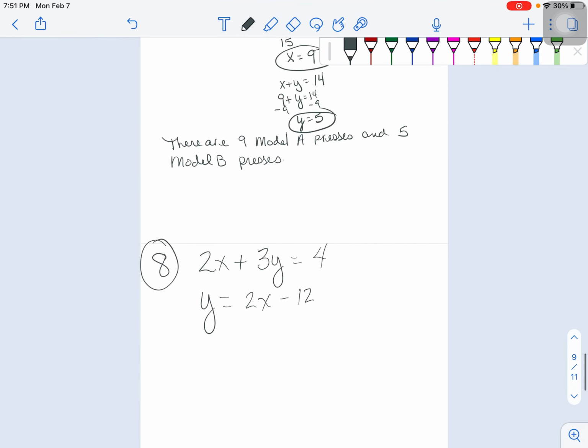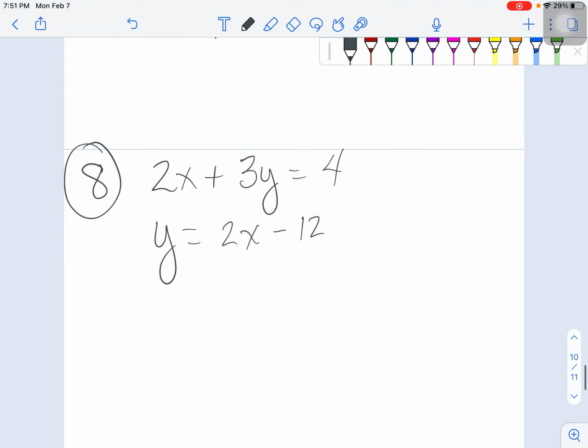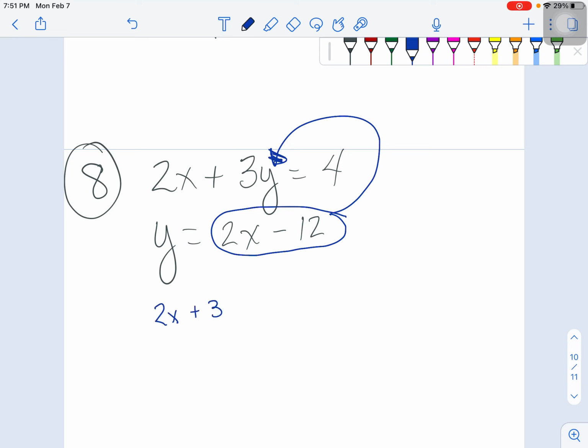And we've got one more problem, another system of equations, and it is set up for substitution. So we're going to take this and plug it in for y, or substitute it in. So 2x plus 3 times something equals 4, and that's where we're going to put the 2x minus 12.